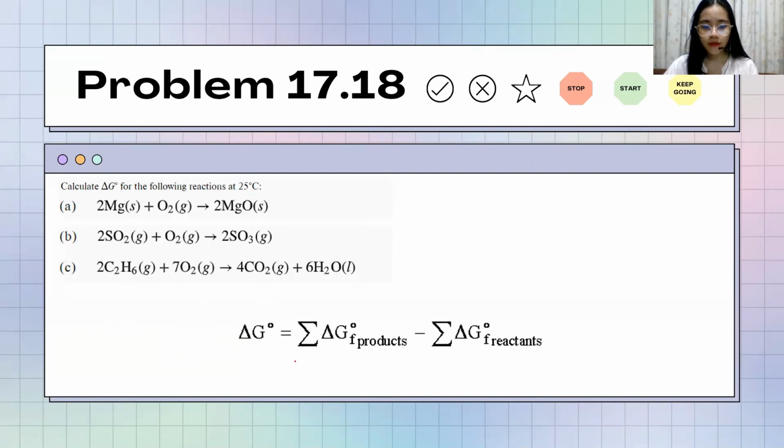So the sum of the free energies of formation of the products minus the sum of free energies of formation of the reactants. To do this, we need to find the free energy of each element and substance and multiply it to the number of moles. Refer to the Appendix 2 of our book for the thermodynamic data.